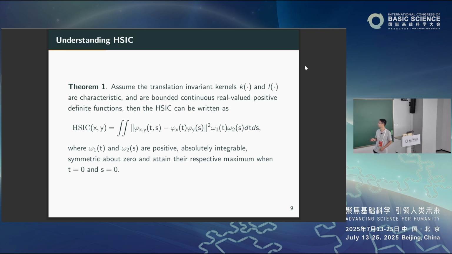Here we know that the weight functions are positive and absolutely integrable. These two properties indicate that the two weight functions are proportional to certain probability density functions, because probability density functions are positive and absolutely integrable, and the integration equals 1.